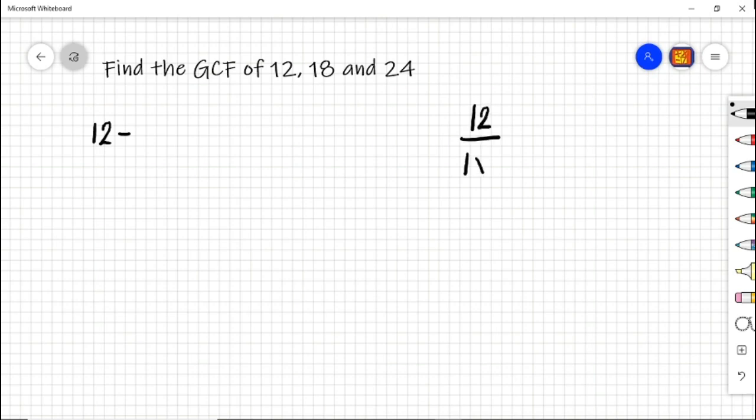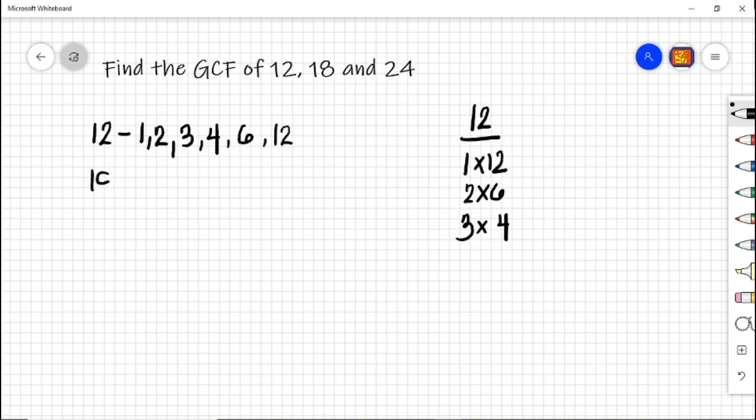We have 1 times 12, 2 times 6, and 3 times 4. We have 1, 2, 3, 4, 6, and 12.